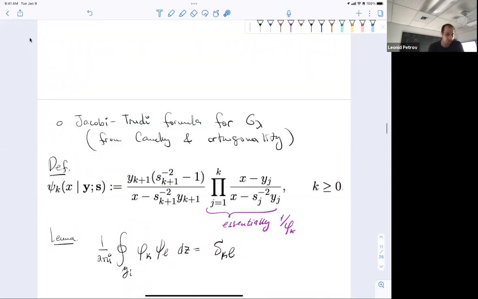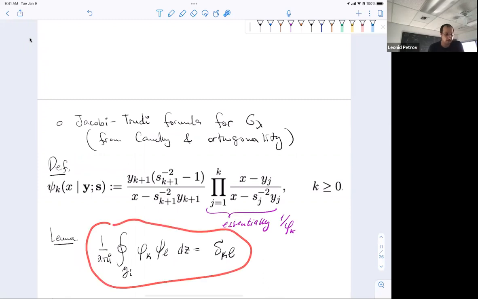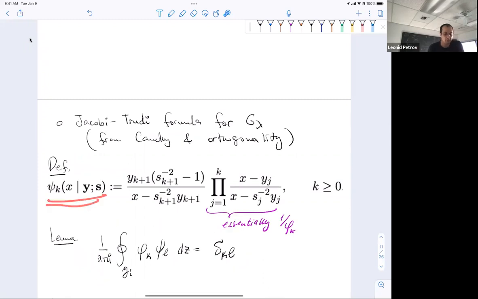So psi k is essentially 1 over phi k, but with a different prefactor, and these are orthogonal, which means I can use phi together with this orthogonality to extract G as a coefficient in the Cauchy identity.